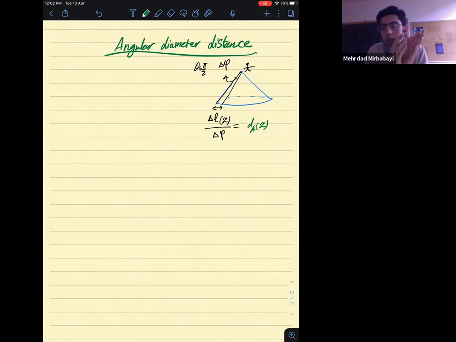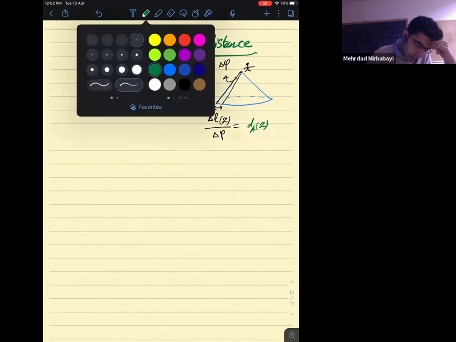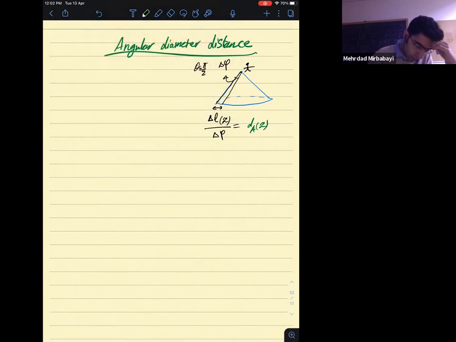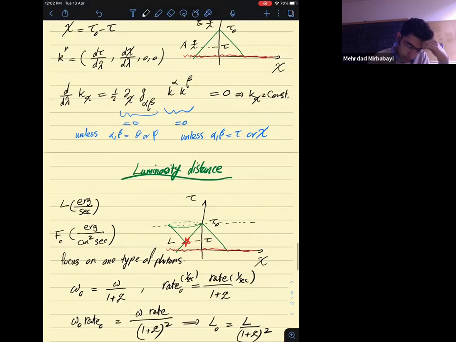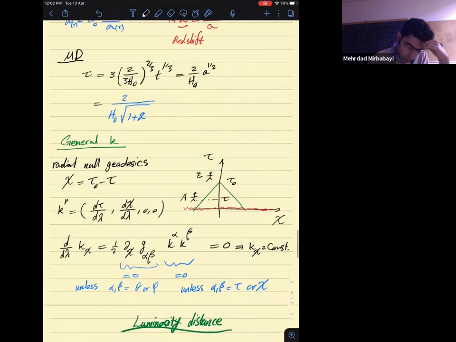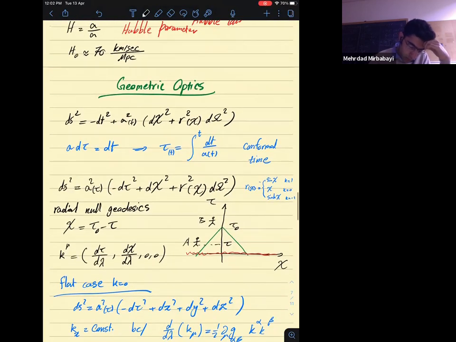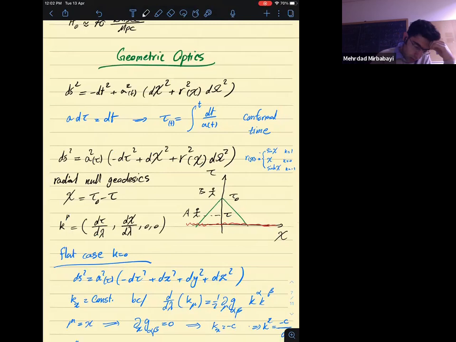So all that I need to do is to look at my metric at some redshift z and ask what is the distance between two points on the sphere at theta equals pi over 2, separated by some delta phi. So let us just copy the metric. So here's our metric.